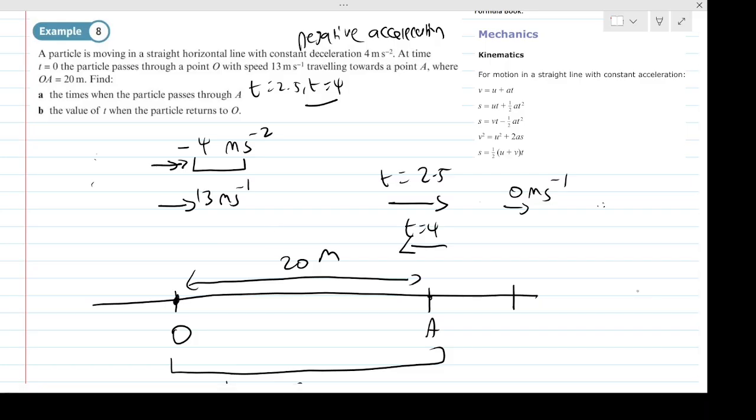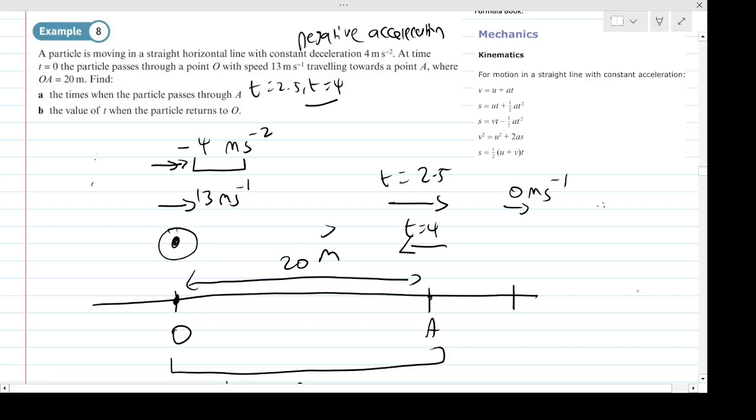But it wants the value of t when the particle returns to O. When it returns back to O, the displacement would be 0, okay? Because it's not moved anywhere away from O, technically. At the point where it returns back to O, yes, it might have moved forwards and backwards. That's the distance.